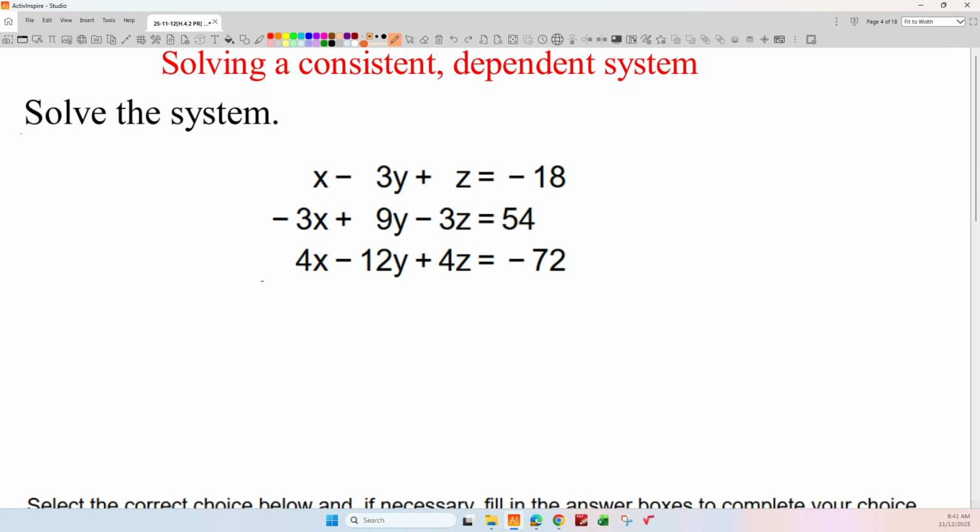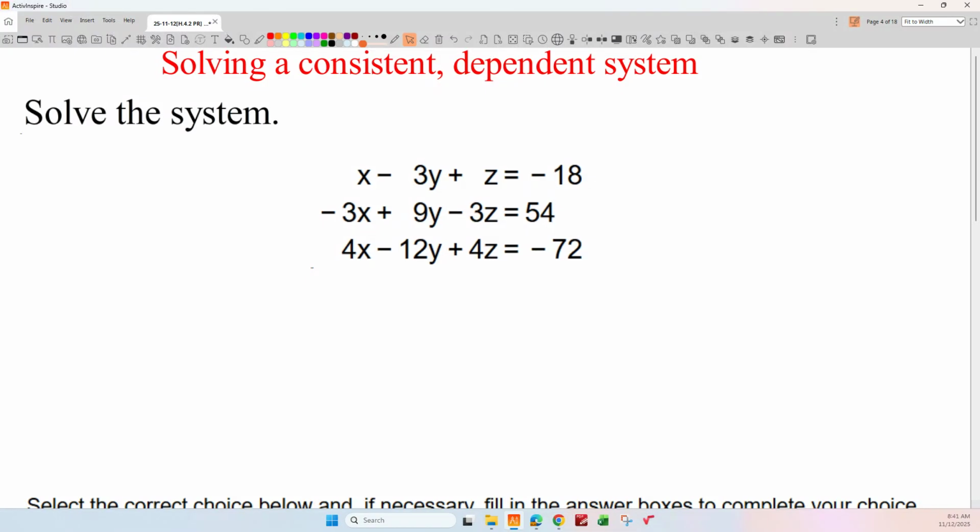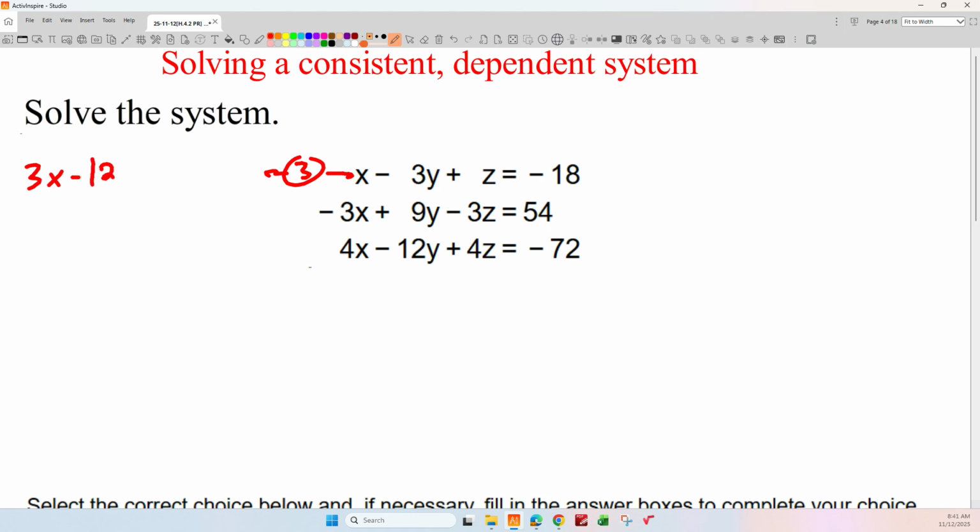So I'm going to make this a little bit smaller. Top by 3, we're going to get what? 3x minus 12y.